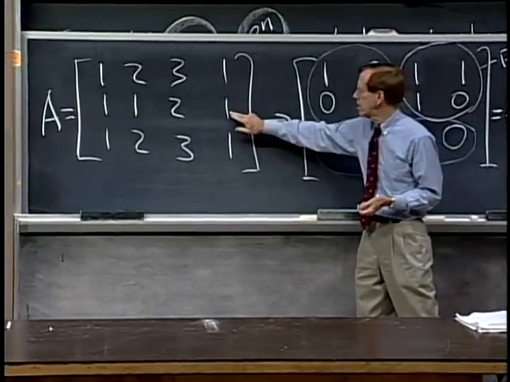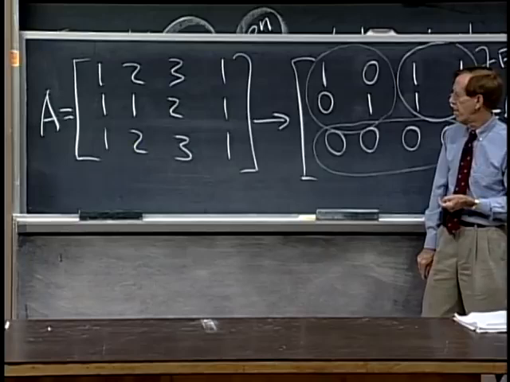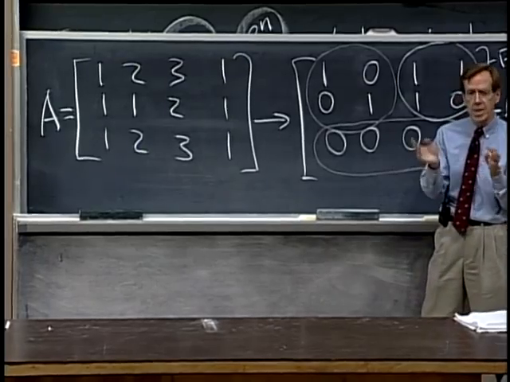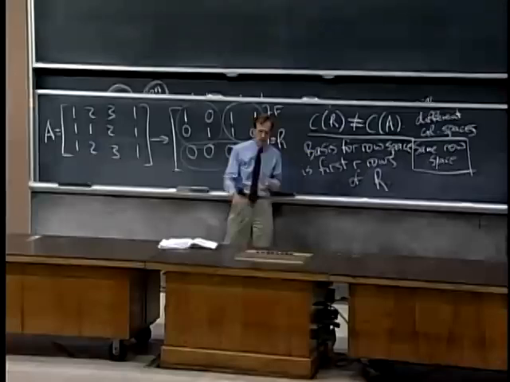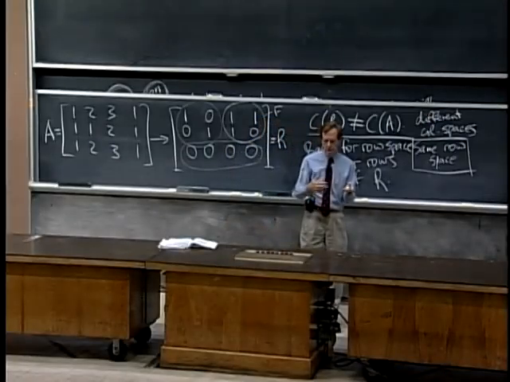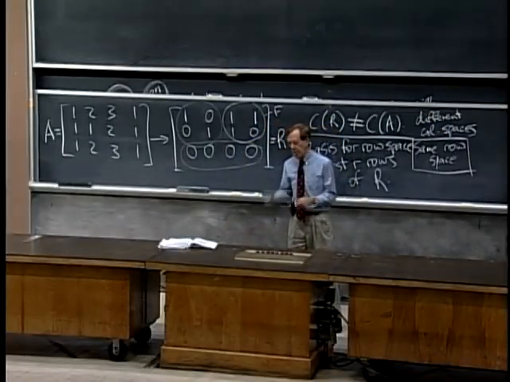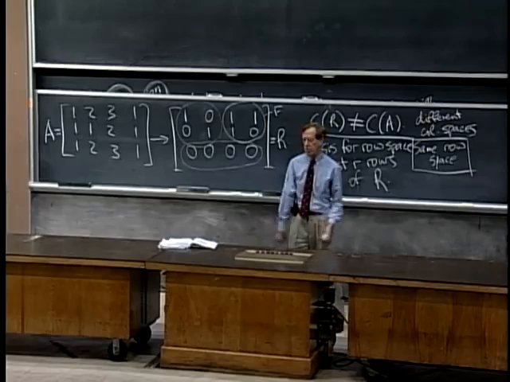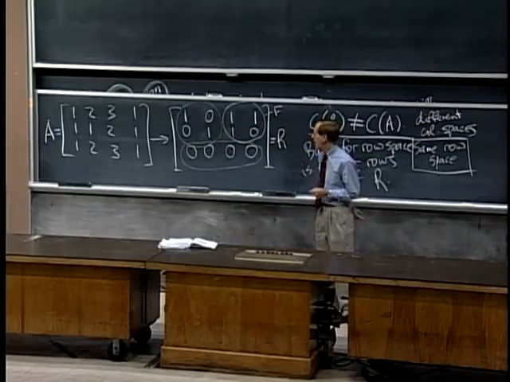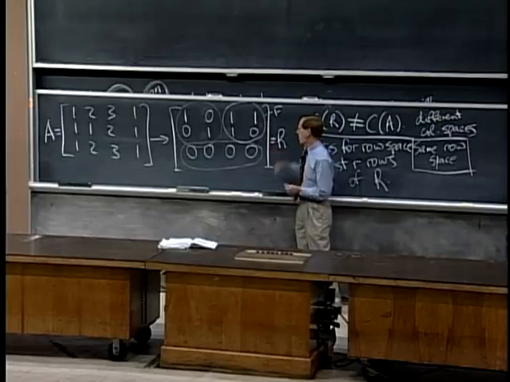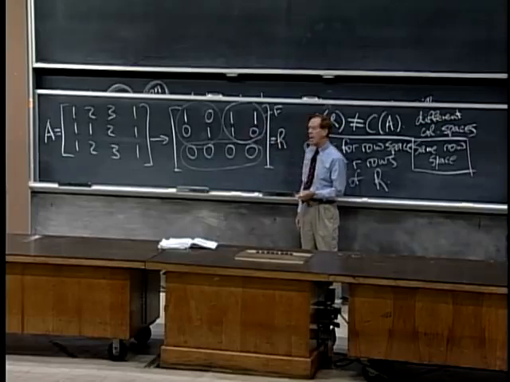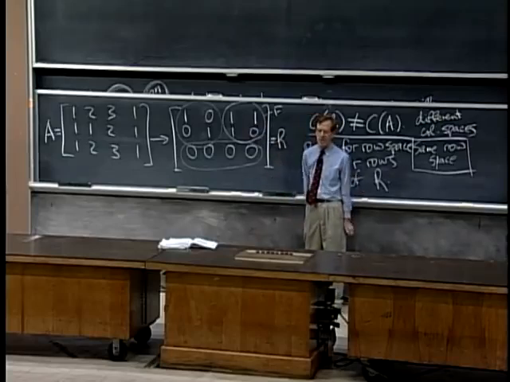I took this row minus this row. That gave me something that's still in the row space. That's the point. When I took a row minus a multiple of another row, I'm staying in the row space. The row space is not changing. My little basis for it is changing, and I've ended up with sort of the best basis.